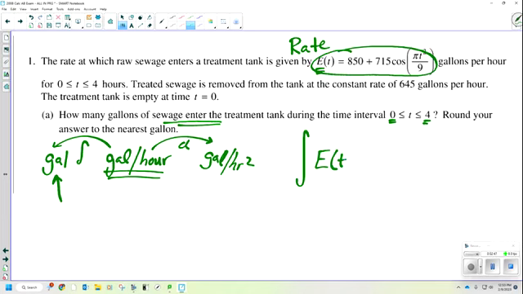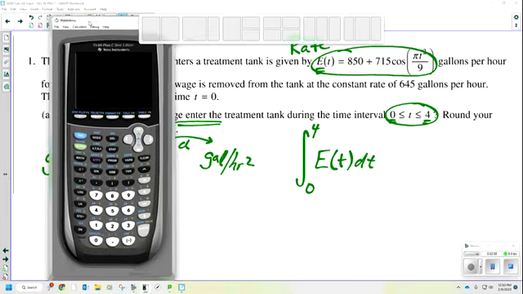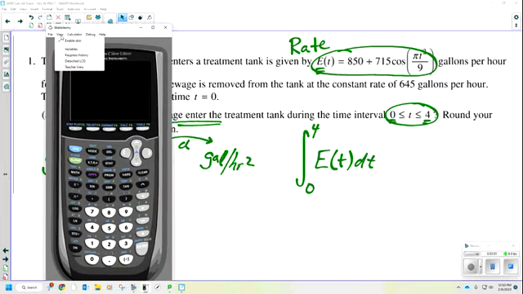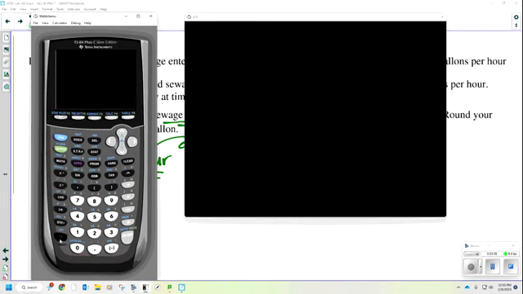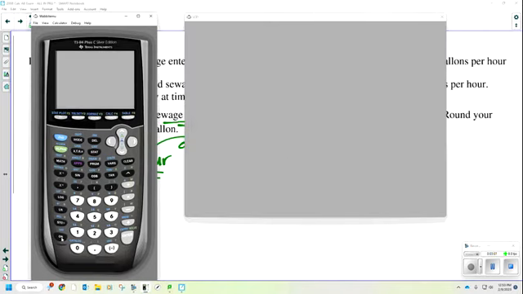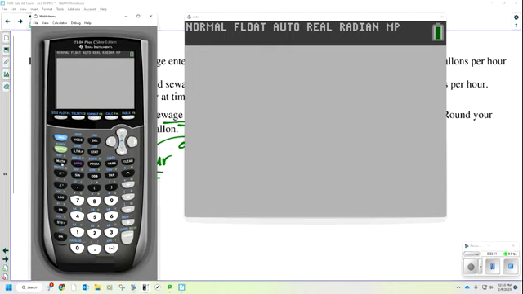All right, so I'm going to integrate my equation E of t dt from my bounds, or the hours, 0 to 4, and I'm going to put that right in my TI-84 Plus color edition. Turn this bad boy on. And in case you don't know, now you know, I'm going to math number 9. My bounds are going to be from 0 to 4.